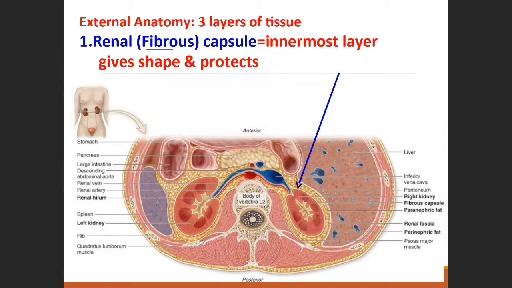Not much different than if you were to put your foot on a garden hose or kink a garden hose. We want fluid to go through those tubular nephrons as freely as possible. So the first layer we have is our fibrous capsule. This is the outside shape of that kidney and helps maintain the external shape of the kidney. It's going to be the most inner line defense against that compression and torsion.